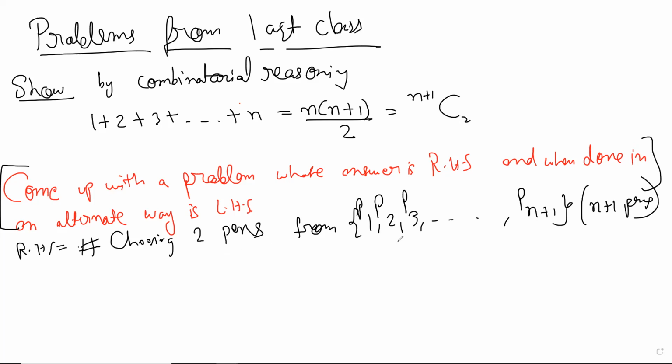But now how can you do the problem in a different way? If you didn't have the formula for n plus 1 choose 2, how would you do the problem? Ask yourself, let's say I do not know the answer. Let's say I was in class 6 and someone asked me to find the answer to this. How many ways can you collect 2 pens?